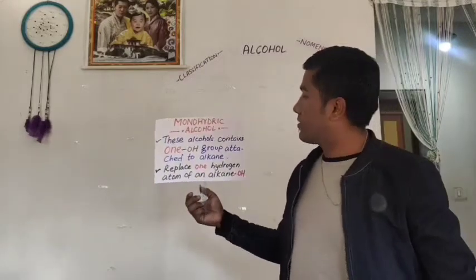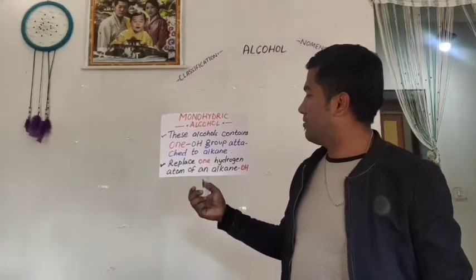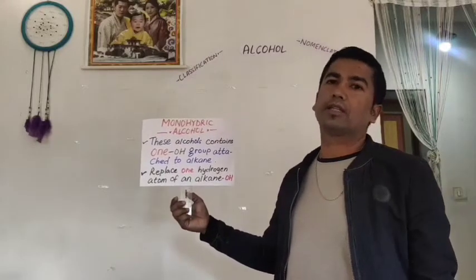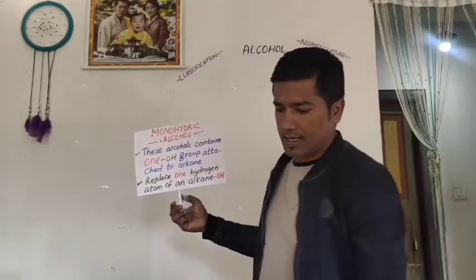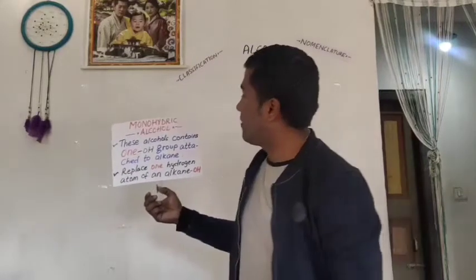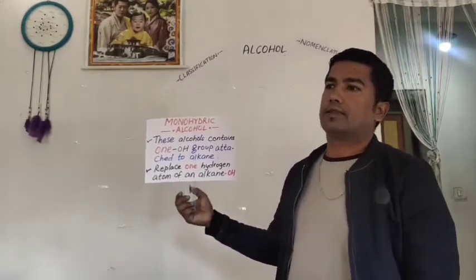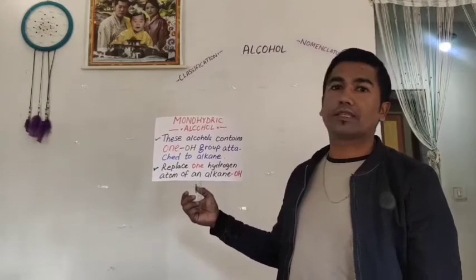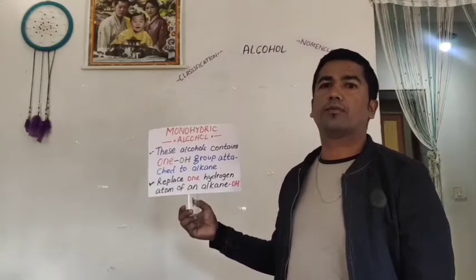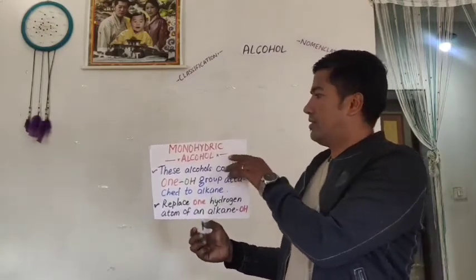We remove one hydrogen atom of an alkane and replace it with an OH group. Such alcohol, where there is one OH group and one hydrogen atom is replaced in an alkane, is called monohydrate alcohol.